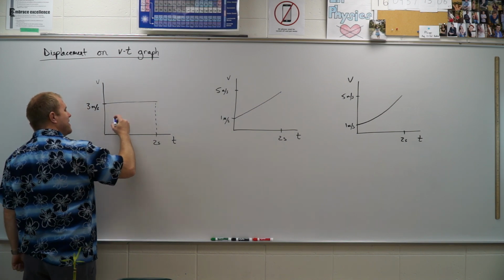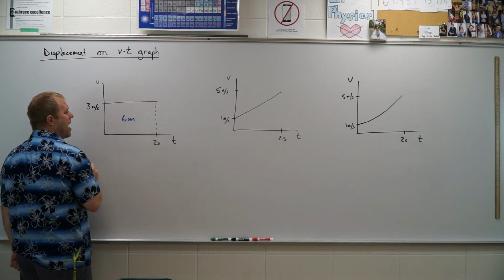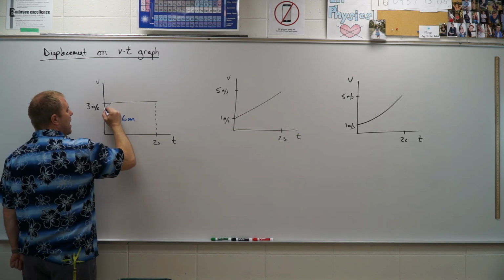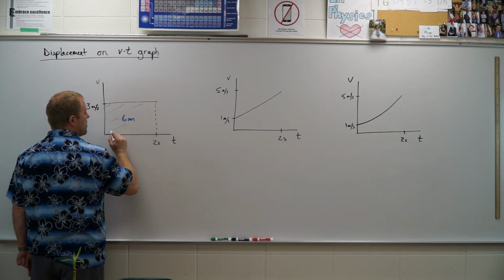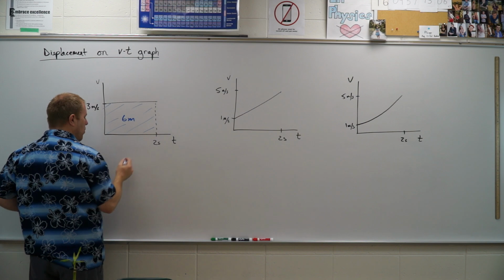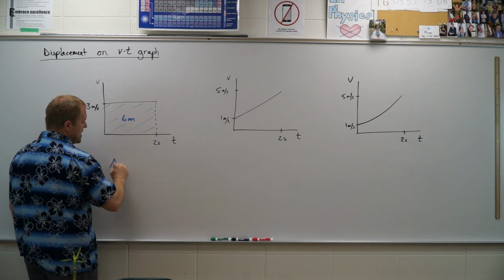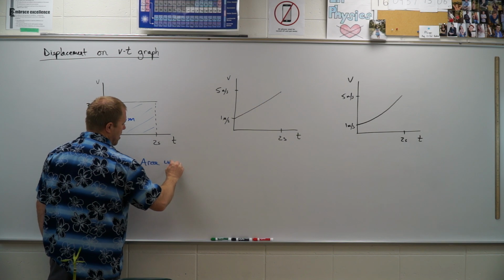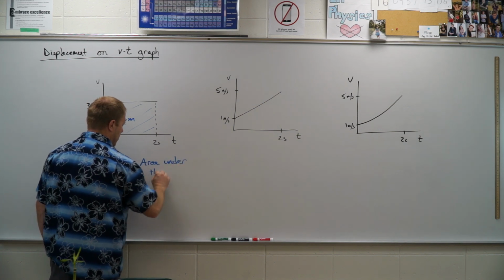And if I try to find the area of that box, multiplying 3 meters per second times 2 seconds, I end up with 6 meters. So what that tells me is that the displacement is equal to what we call the area under the curve.